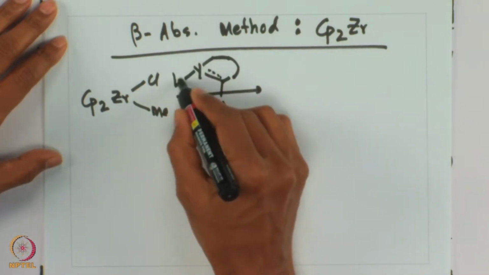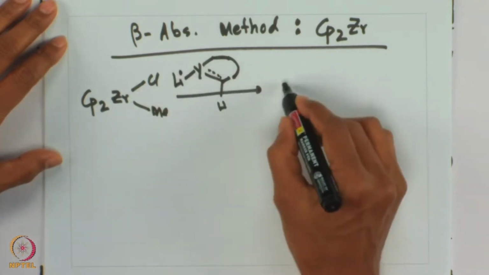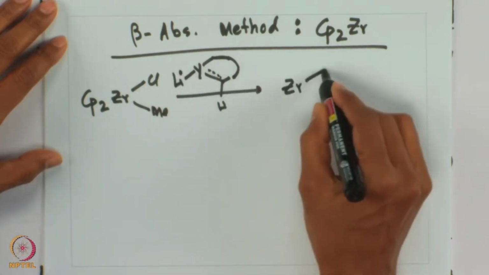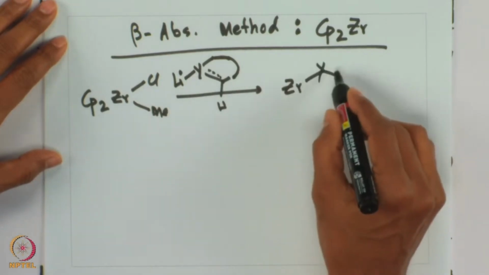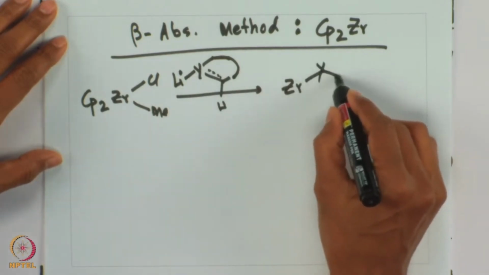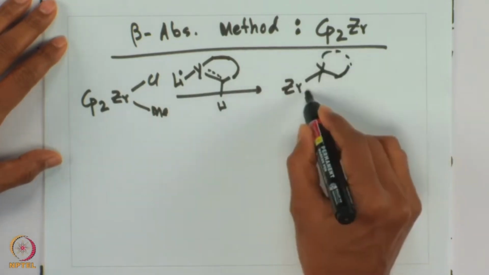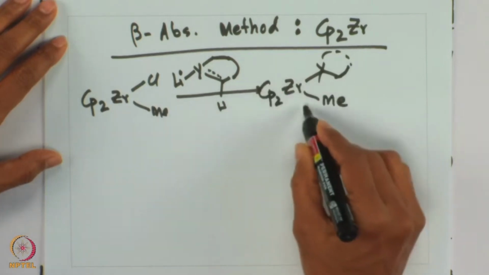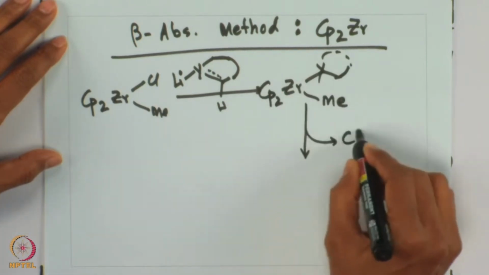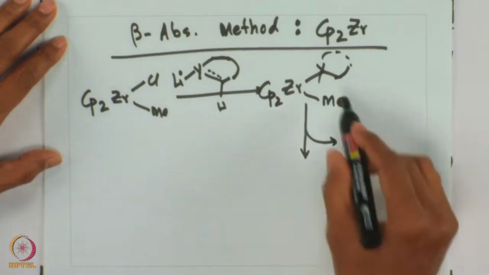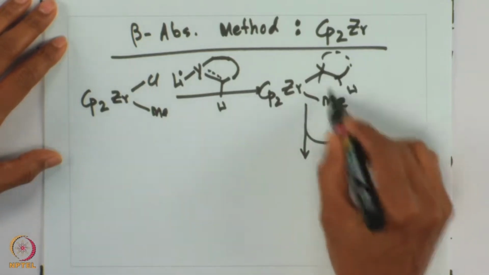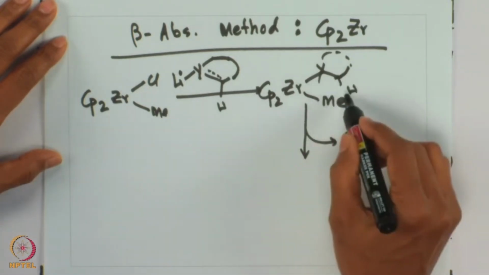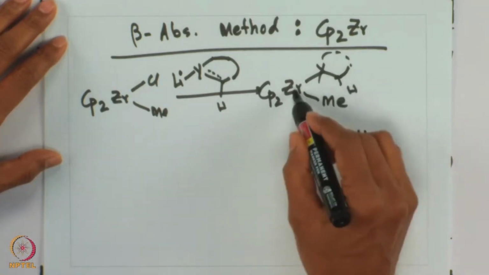Overall, the main thing is it has to be lithiated, and we can then synthesize the zirconium intermediate where this cyclic intermediate is part of the zirconium species, and then we will get methane formation from there.